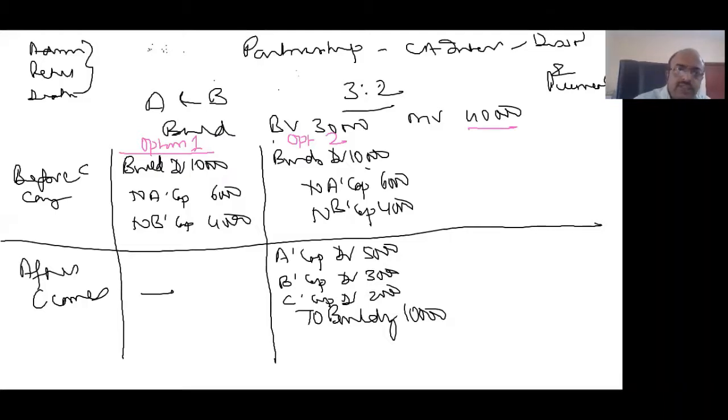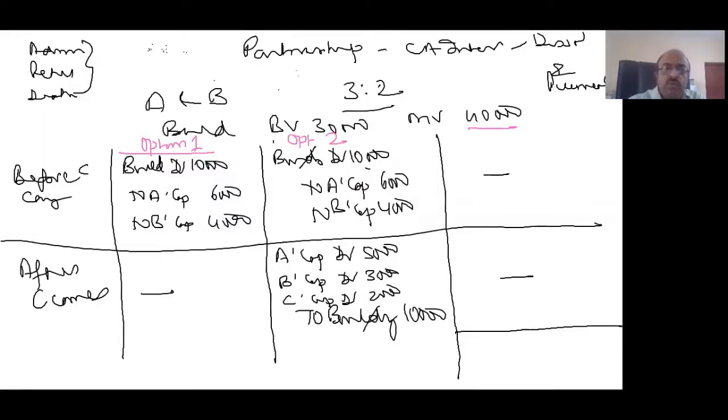Now, the last option is don't raise any entry, but just pass a net entry of this. You look at it, this gets nullified, right? They are saying, no, sir, we don't want anybody to know our asset value in the books. When we write an entry, somebody outsider will know that this is the value of the asset. We don't want anybody to know, but we want to do the adjustment. Therefore, we will not pass the entry in the books, but we do an internal entry. What is the internal entry? Take the net.